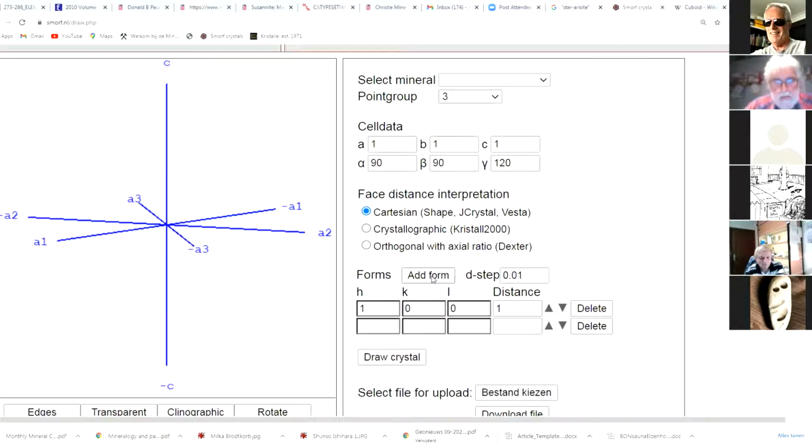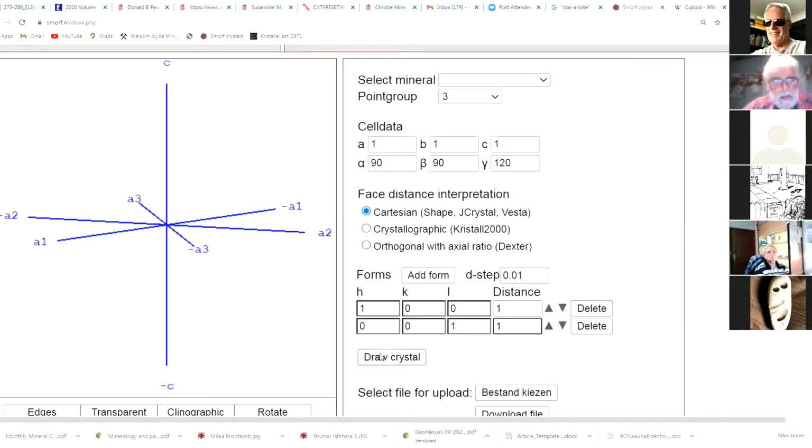We add another form. They wanted the pinacoid, so we need something on top and on the bottom. So it would be a 0, 0, 1 face, also a distance of 1.